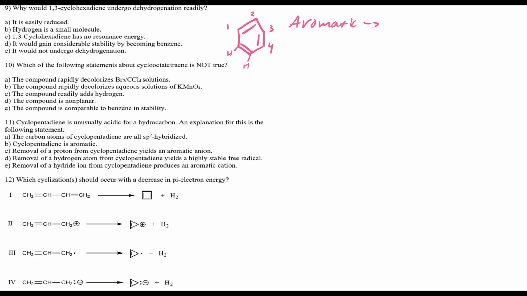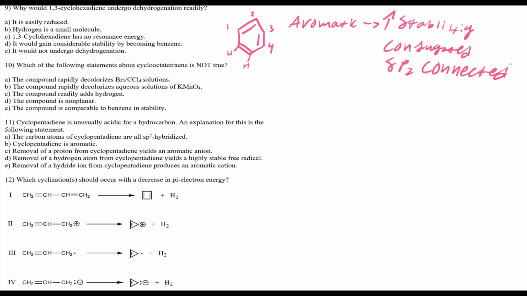And aromatic just means that we have an increased stability. Also, we become conjugated. And also, we basically have our sp2 orbitals connected. So since we have conjugation, we have an increased stability, okay?